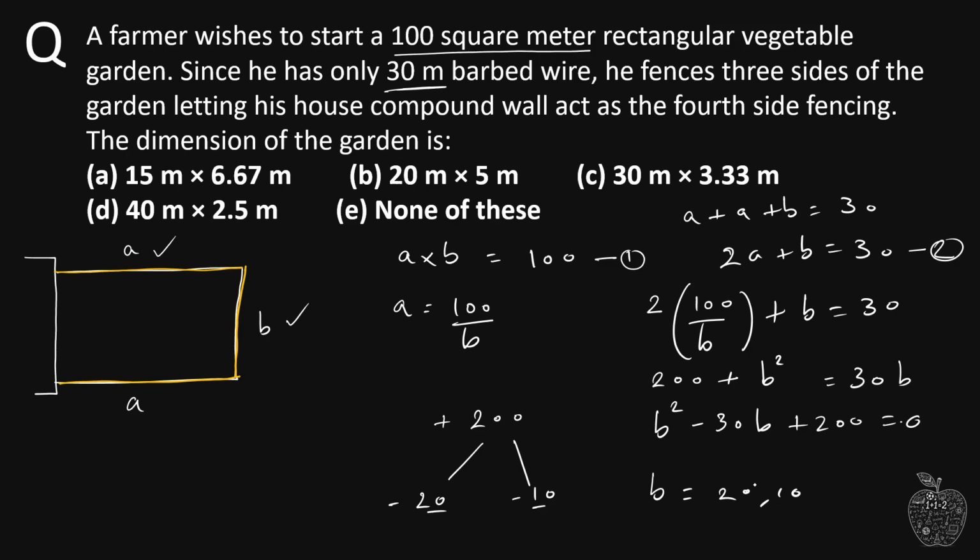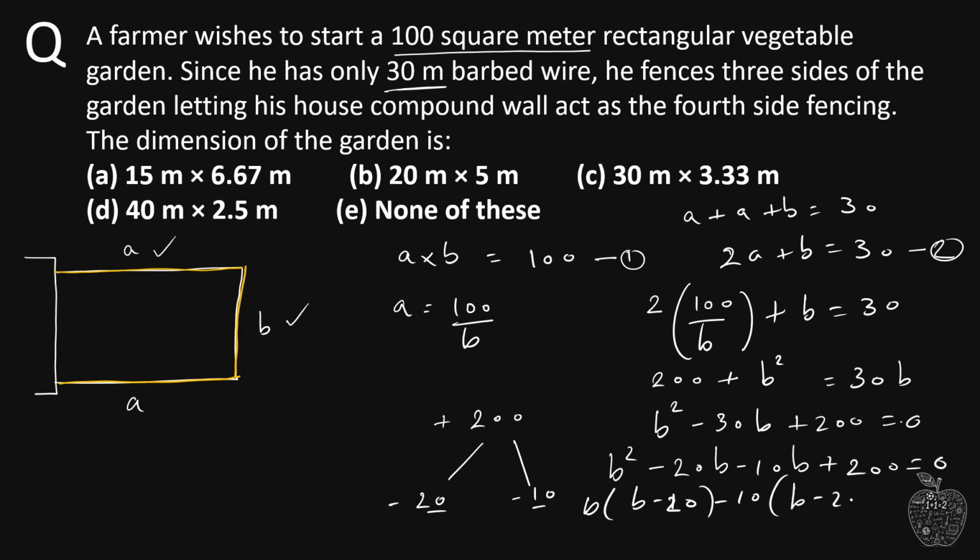So this is a shortcut, but I'll simply solve it for you. We have B square, instead of minus 30B, I'll write minus 20B minus 10B plus 200 is equal to 0. So B minus 20 and minus 10 common, B minus 20. So again we get B as plus 20 and plus 10.